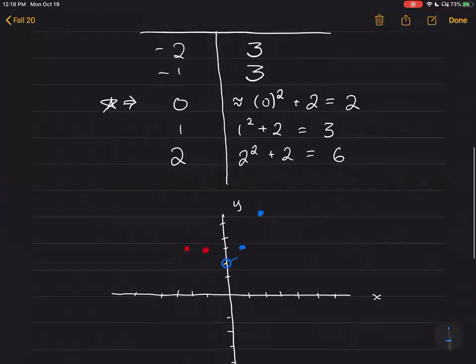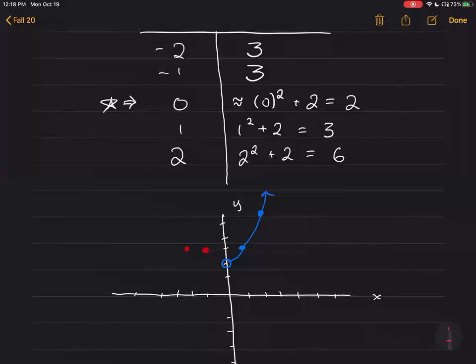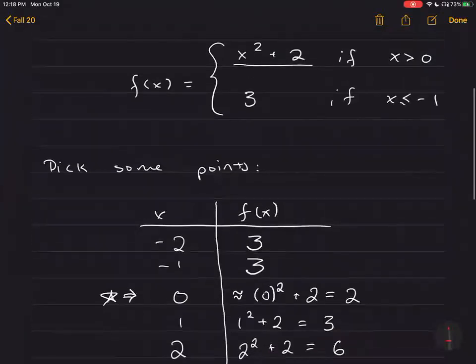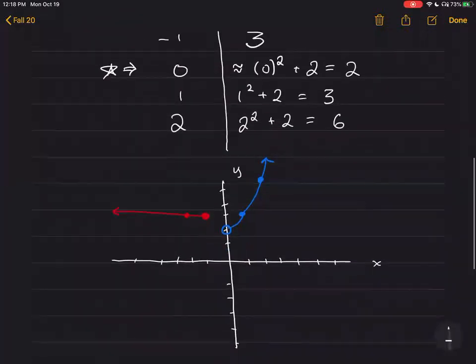So if I connect the dots, it's going to look kind of like this. And then the other one is the horizontal line, so it's just going to go like this. And this endpoint is filled in because it is less than or equal to, right? Whereas if you have a strictly greater than or strictly less than, you get an open circle like we see here.